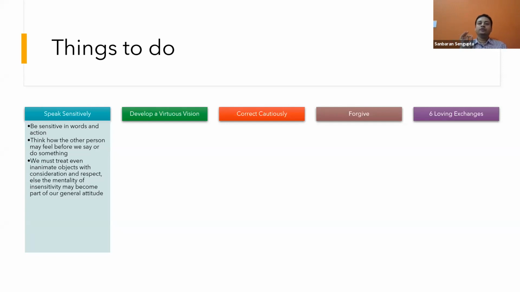Yes. And most of the problem starts there with our speaking, the way we speak, the way we are insensitive towards people. Now, insensitivity comes not just when we deal with people. Insensitivity flows in our consciousness even when we are dealing with things.